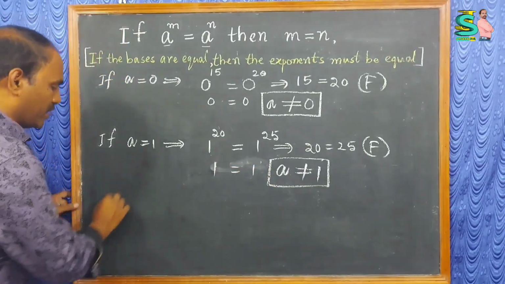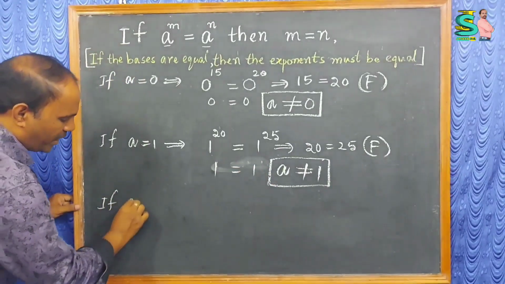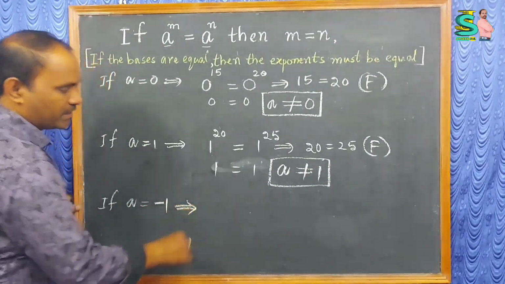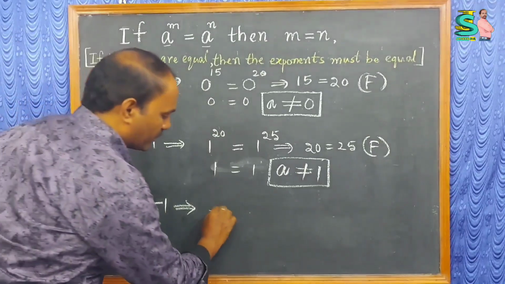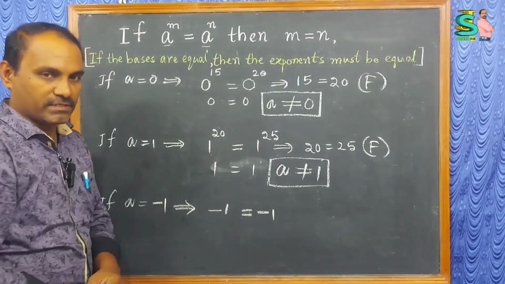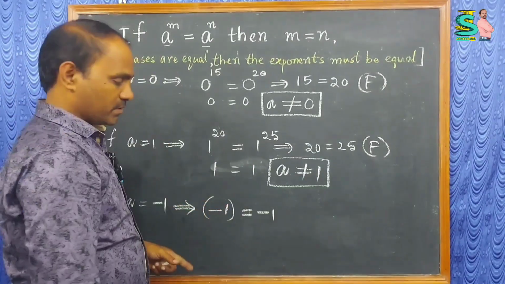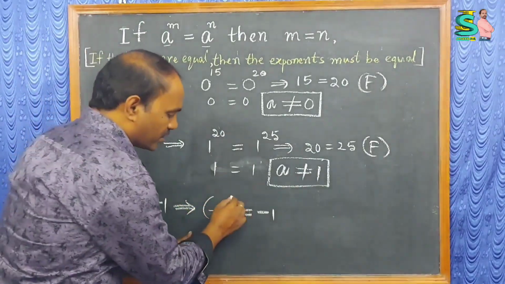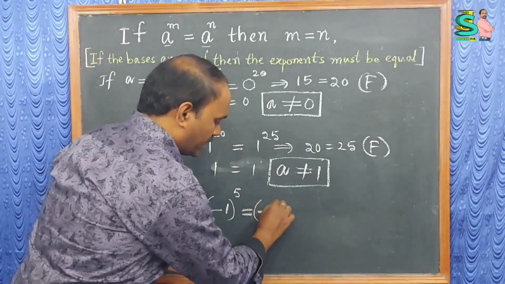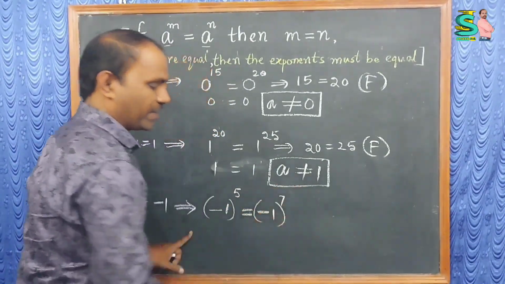Okay. Now, third condition: if a equals minus 1, then what happens? For example, minus 1 equal to minus 1. On both sides, if we take an odd number as exponent, here 5, here 7, I took.